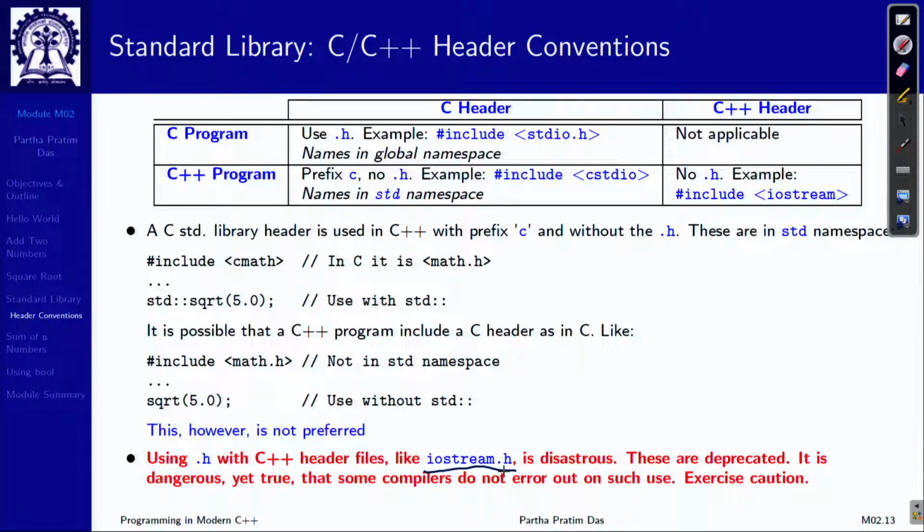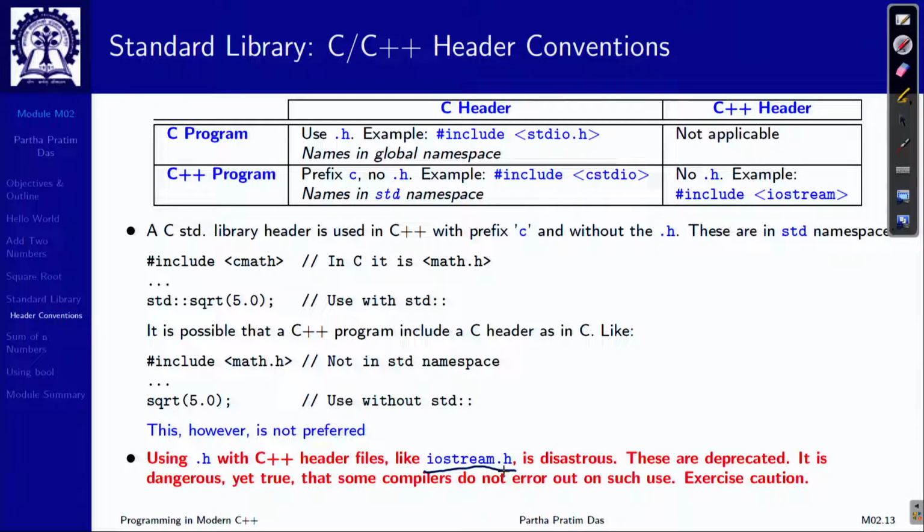Now, this is something which is disastrous, because the good part would be that in many systems this will give you an error saying that iostream.h does not exist, then you got saved. But in some old systems, particularly, an iostream.h file may also exist, and if it does, then it is some old wrong stuff.